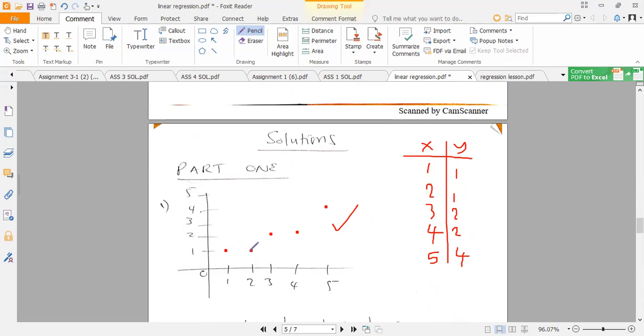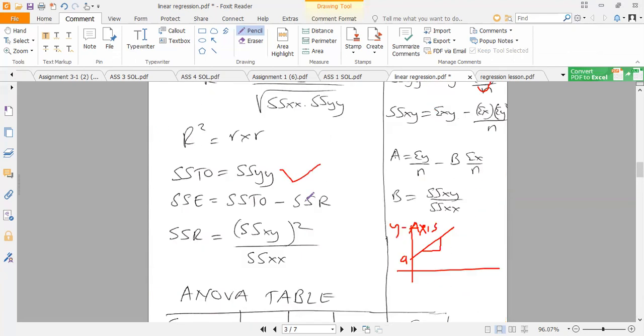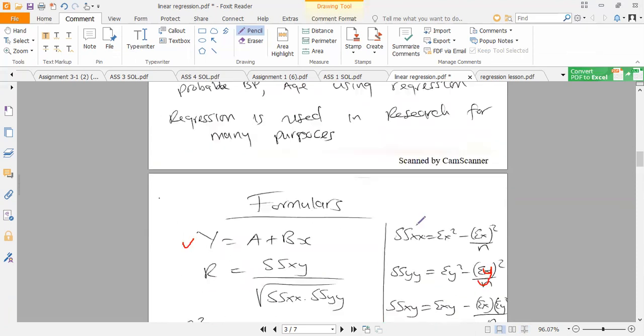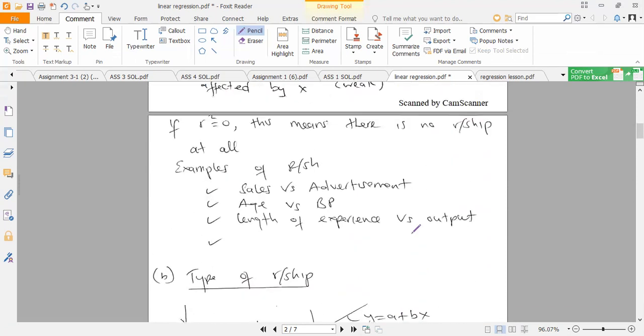Hello? Can we just look at the formulas again? I'm trying to see the solution for y. I've noticed something. Can you scroll up, up where the formulas are?